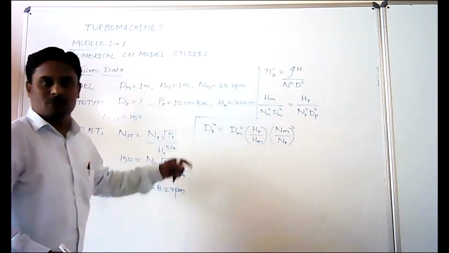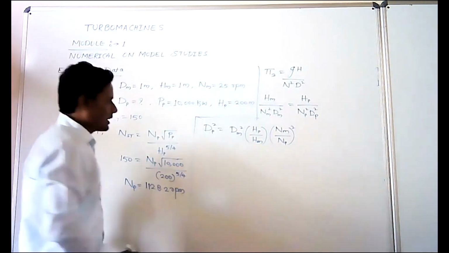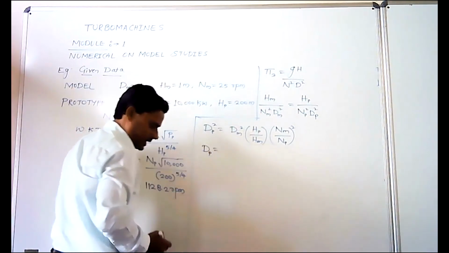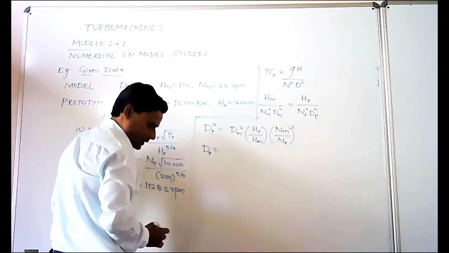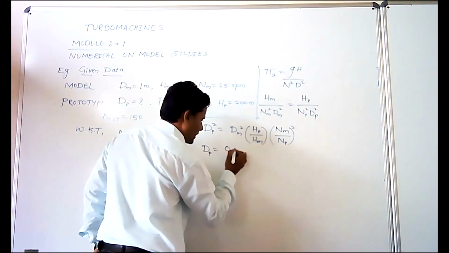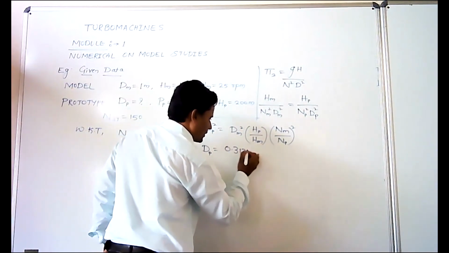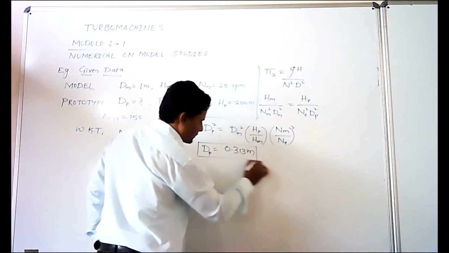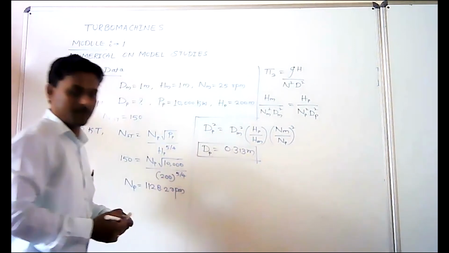You know all the values, just do the substitution. The expected value for dp is 0.313 meters.